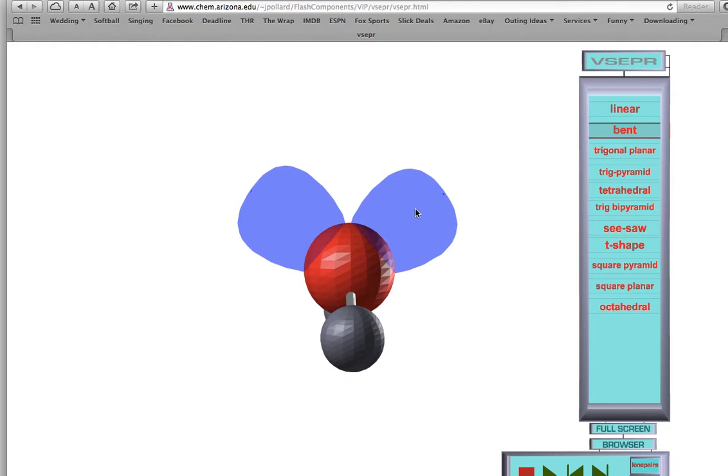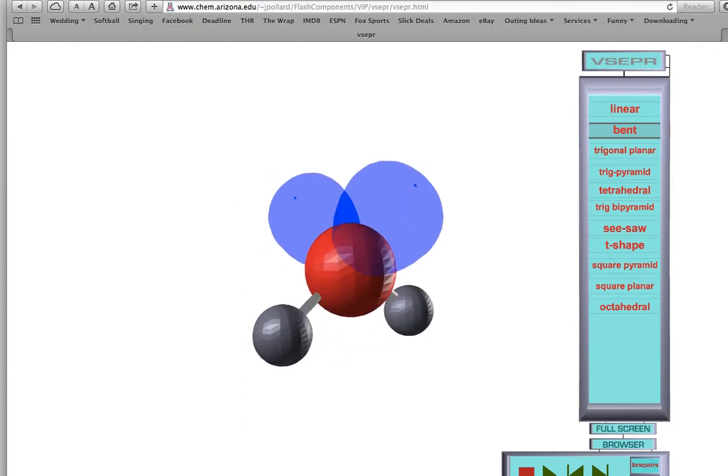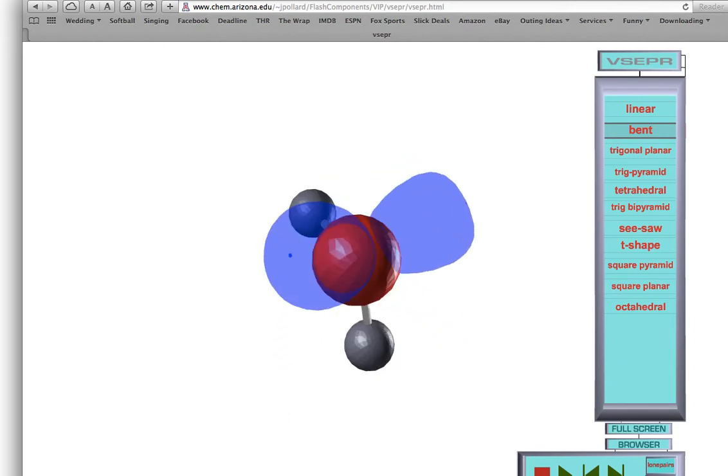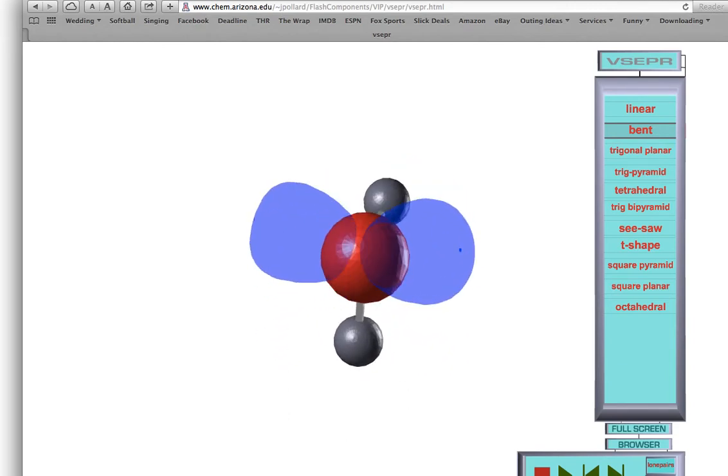And remember, the reason they do that is VSEPR theory. They are repelling one another. So these locations where you see the gray dots and the blue circles are as far apart from one another as they can be.